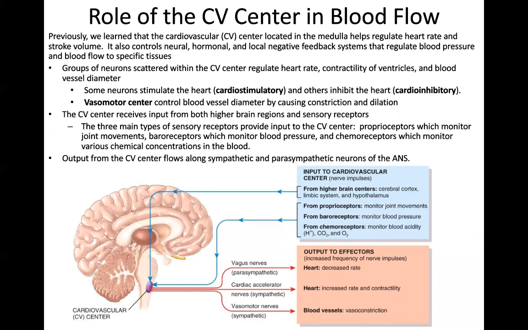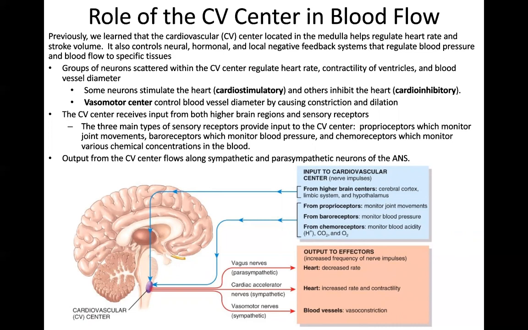It also controls neural, hormonal, and negative feedback systems that regulate our blood pressure and the flow of blood to specific tissues. So we're going to focus in on regulating blood pressure, especially here in our next couple slides.